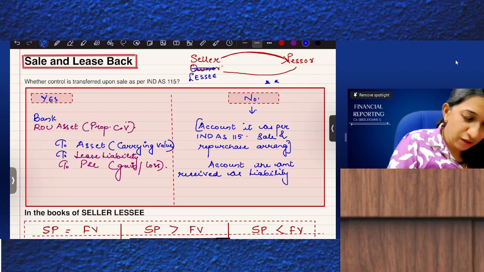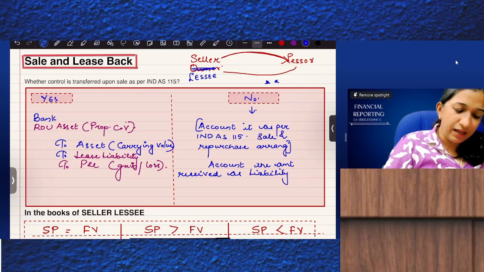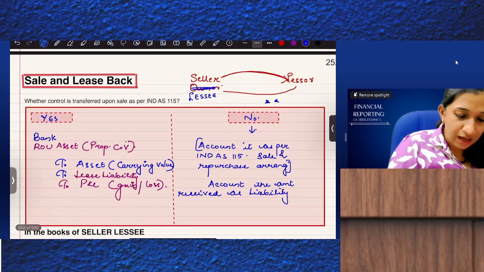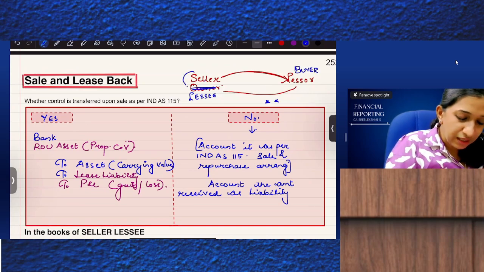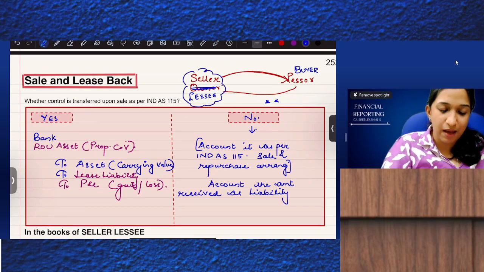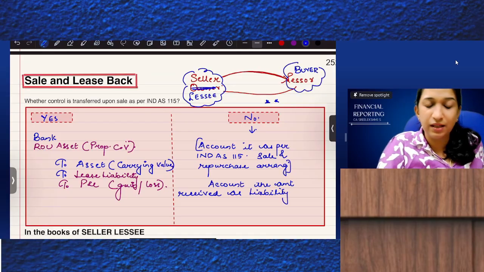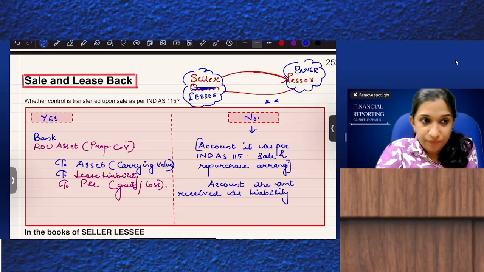So now we call the seller the lessee and the buyer the lessor. So what is the accounting in case of sale and leaseback in the books of buyer lessor and seller lessee?